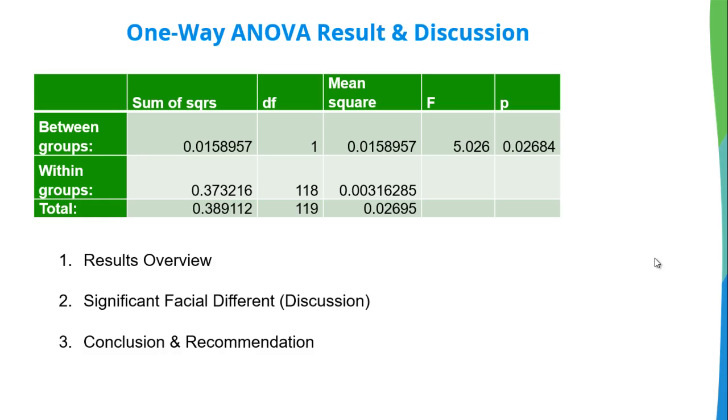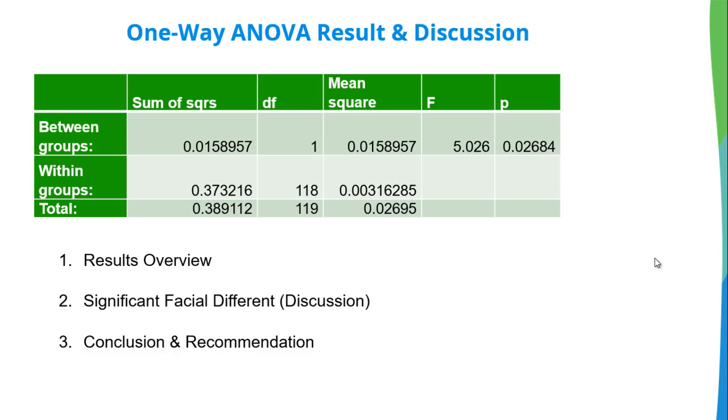The mean square is obtained by dividing the sum of squares by the respective degrees of freedom, providing a measure of variance. We are looking at the between-groups variance now.